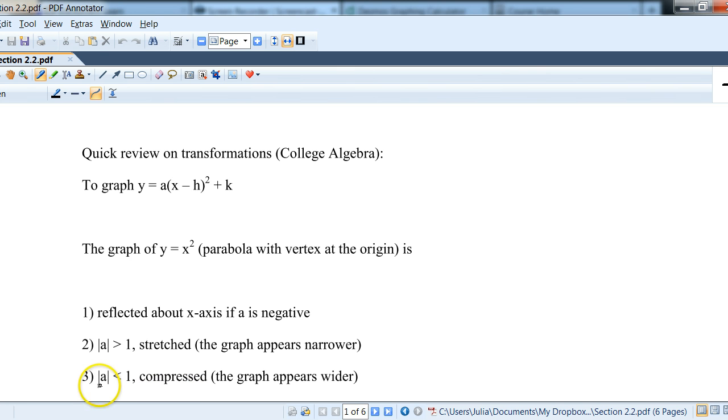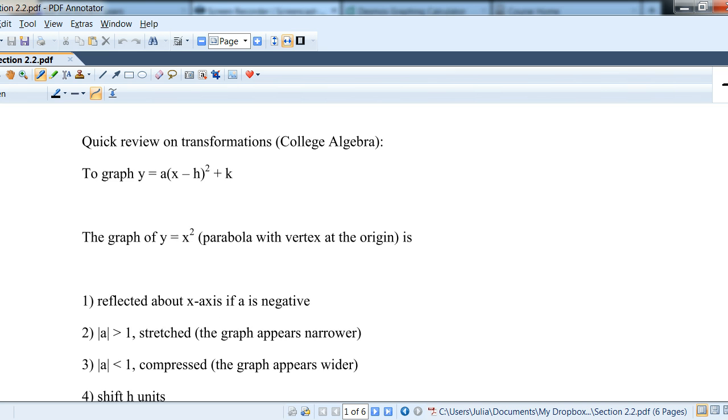The reason for absolute values is that it doesn't matter if a is positive or negative. It could be -5, for example. Still, you're multiplying your y values by 5. Negative just means it's going to be reflected about the x-axis, but it's still going to be stretched. And vice versa with compressed. So the sign doesn't matter. It's going to be just the value of a, whether it's positive or negative.